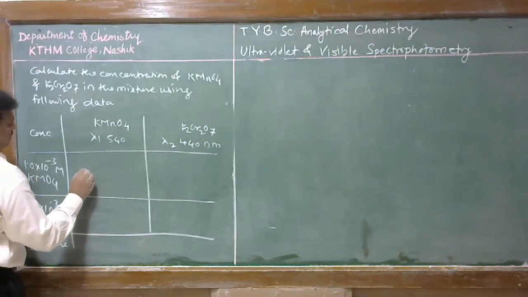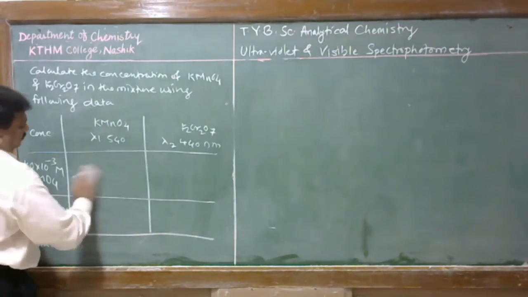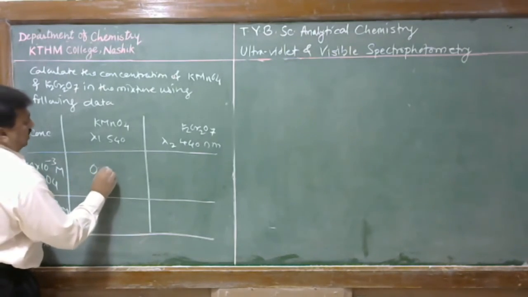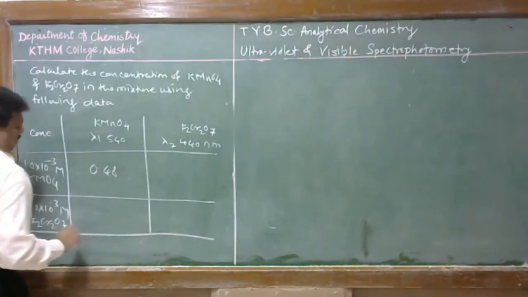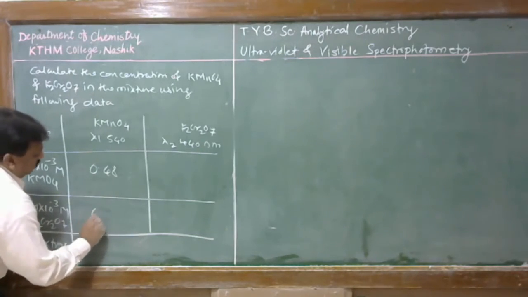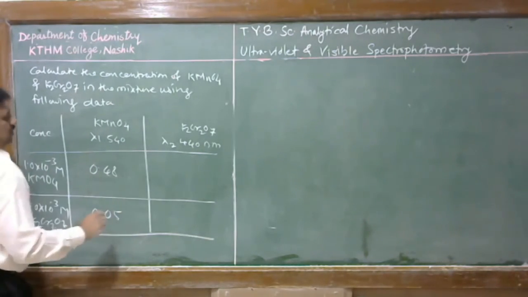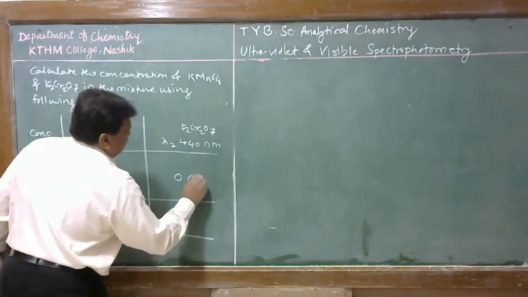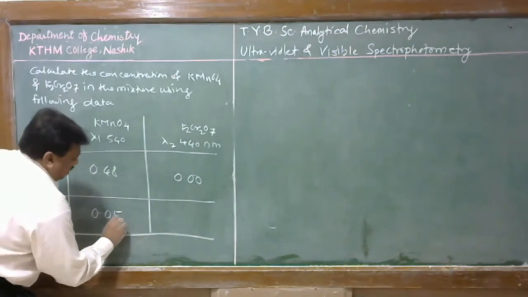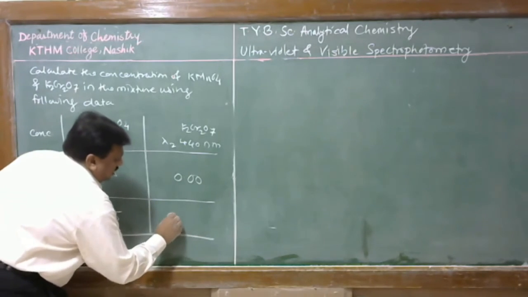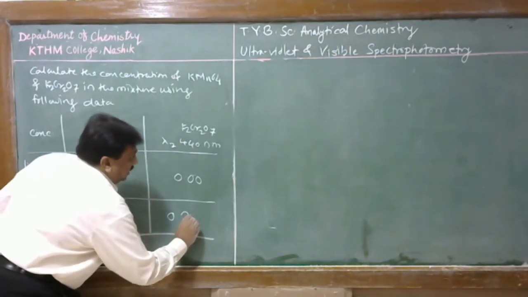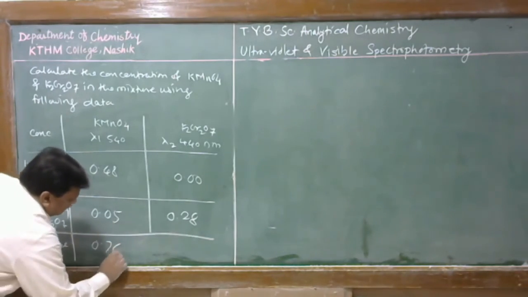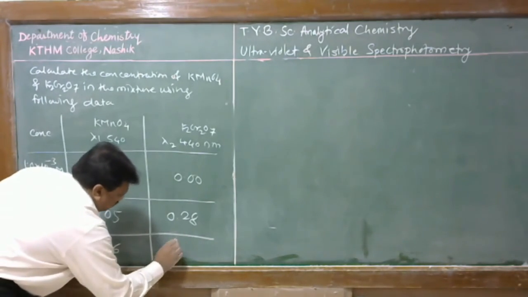The absorbance of this solution at this wavelength is 0.48. For potassium dichromate it is 0.05. The absorbance of KMnO4 at 440 is 0, and at this wavelength it is given as 0.28. Here the mixture is 0.76 and here 0.38.